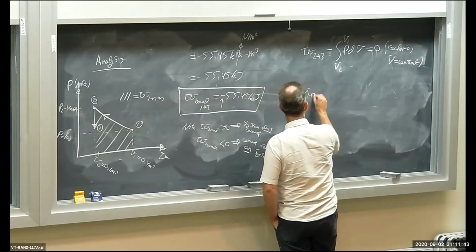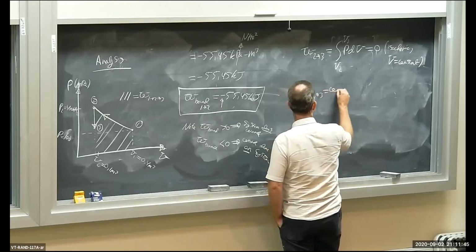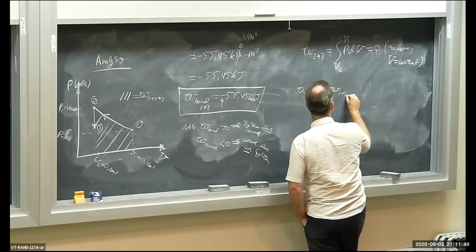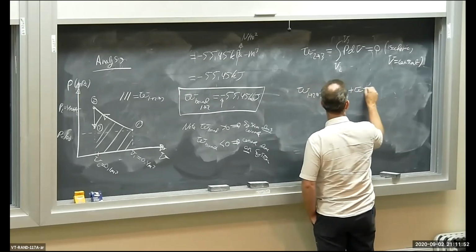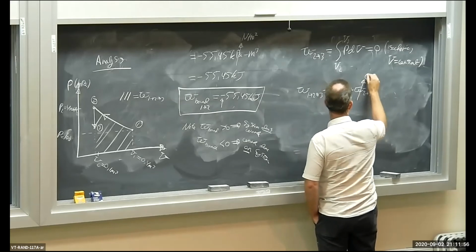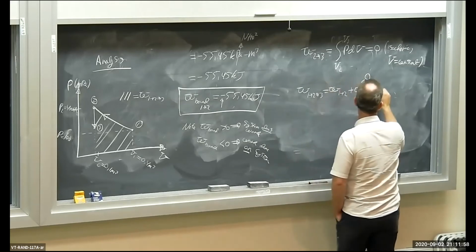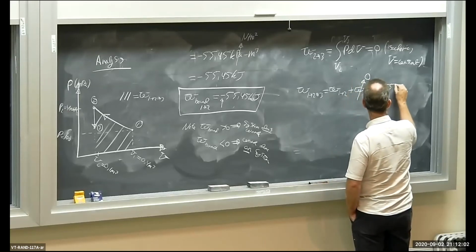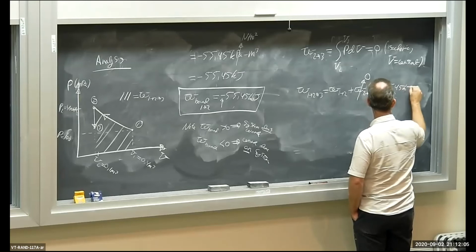Work 1 to 2 to 3 is equal to boundary work from state 1 to state 2 plus boundary work from state 2 to state 3. We just found out that was 0. And we get negative 55.45 kilojoules.